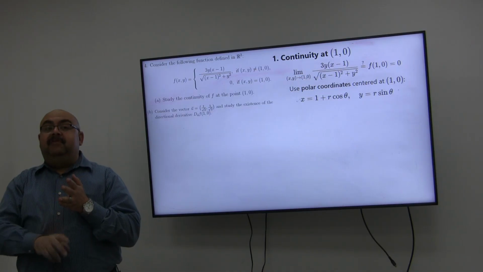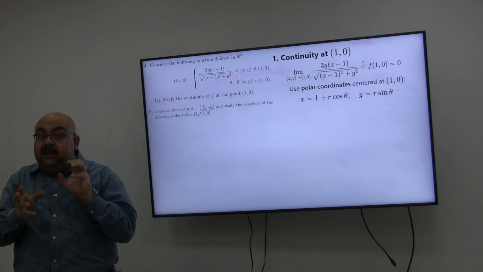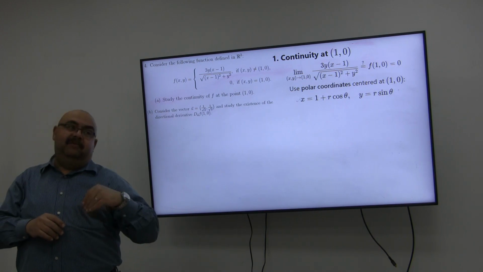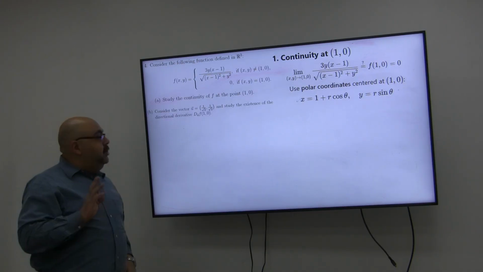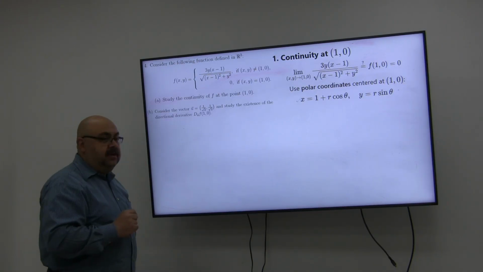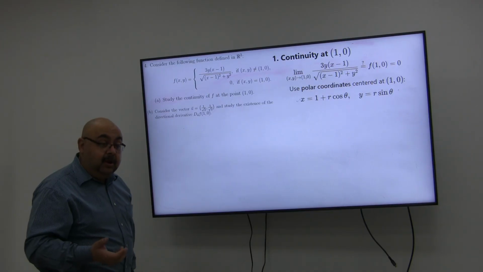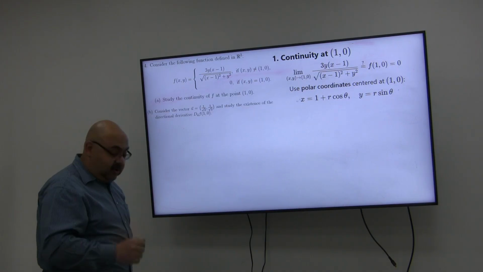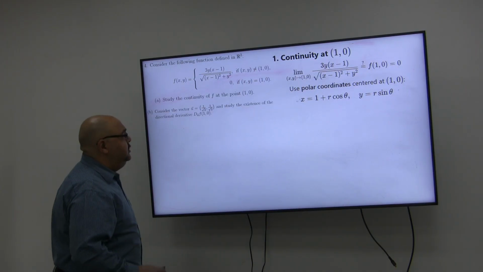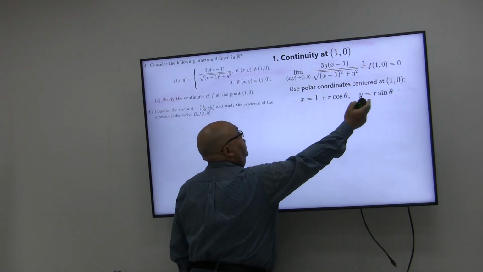Also, I have the huge tool of parametric representation, or playing with the various coordinate systems that we had previously. Now I know using the parametric representation, which is very simple and very close to the polar coordinates in this case, r and theta, I will use x equal to 1 plus r cosine theta and y equal to r sine theta.